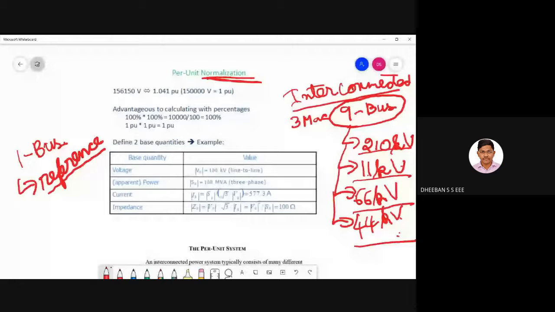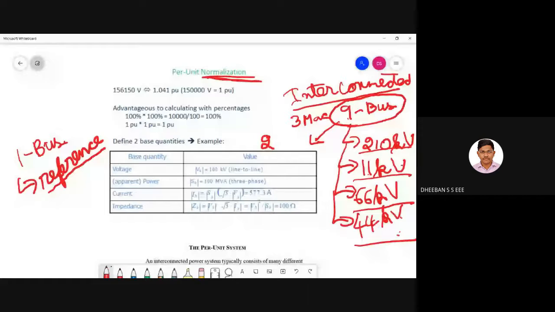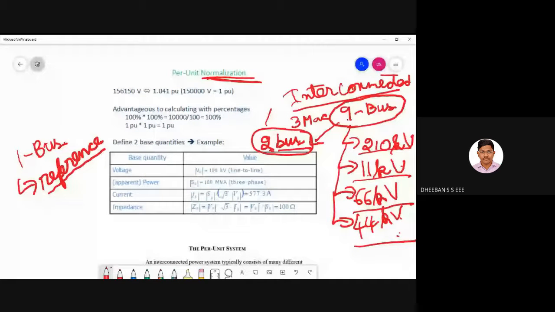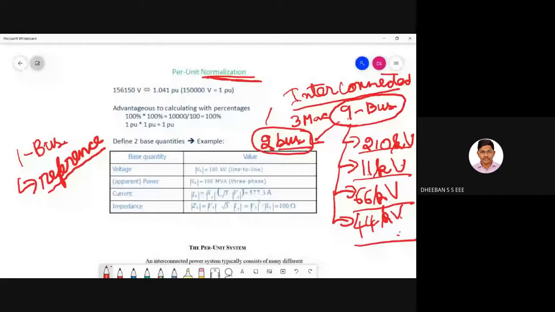For example, if the second bus is taken as a reference, then apart from the second bus, all the other buses will be based upon the base value of this second bus. That is, all the other buses will be represented in terms of the value of the second bus. So in dealing with the problems, you can easily understand.